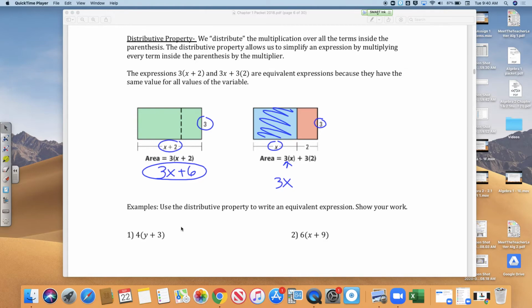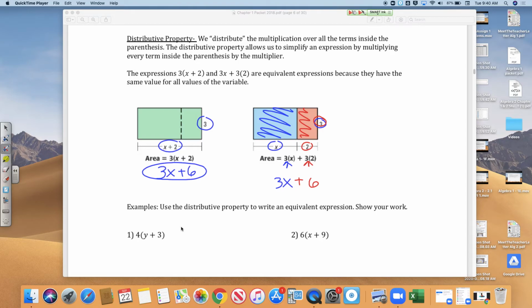And then for the second part of the rectangle, one of the sides is 3 and one of the sides is 2. So to get the area of this part, we would multiply 3 times 2 and get 6. And then we would add these together to get the final answer. So it's just showing you another way of how the distributive property works.